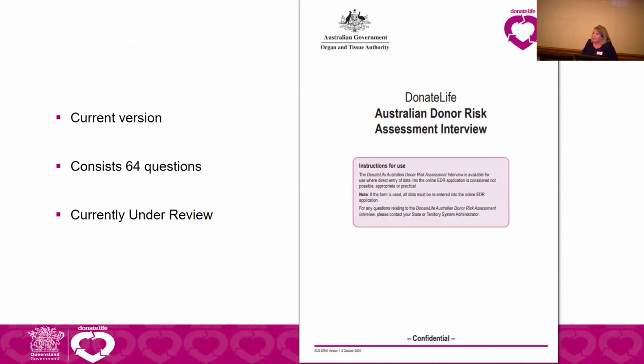This is what our donor risk assessment interview currently looks like. It is under review nationally, and it involves 64 questions. As I said, it can take somewhere from about 30 minutes to a couple of hours, depending on your family.